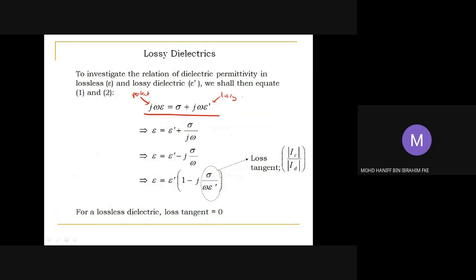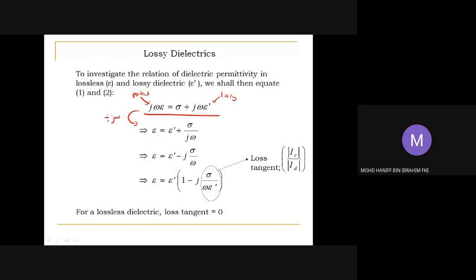Since we want to find the difference between permittivity in a perfect medium and in a lossy medium, we can simplify the equations here. We can divide both sides by j omega.